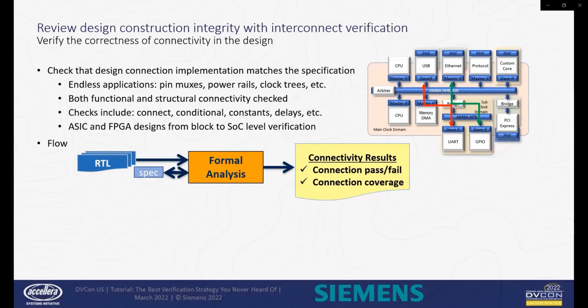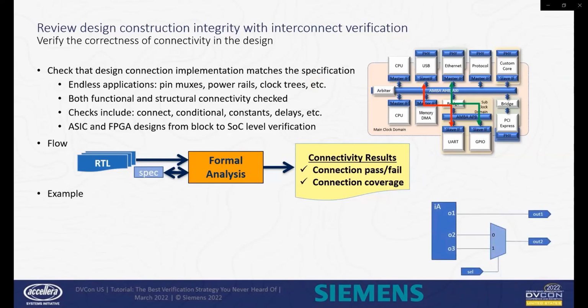Using formal to verify your connections has many benefits over using simulation. The specification is straightforward to create, and once the flow is put in place, any change in specification or design, the connectivity verification can typically be completed in under an hour. Since formal is being used, all types of bugs are found due to the exhaustive coverage of the state space.